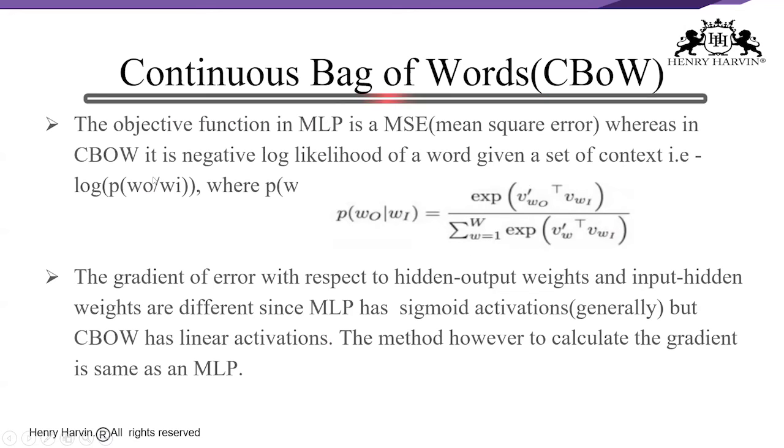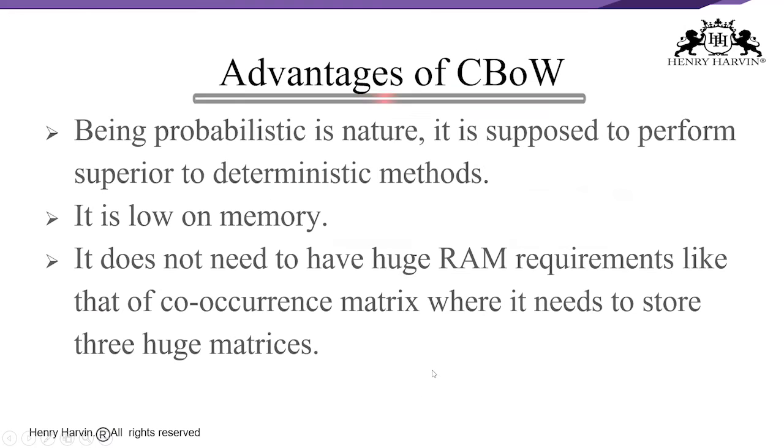WO is the output word, and WI means the context words. Here we get the gradient with respect to the hidden-output weights and input-hidden weights. Both will be different because MLP has sigmoid activations, but CBOW has linear activations. The method is otherwise almost the same.